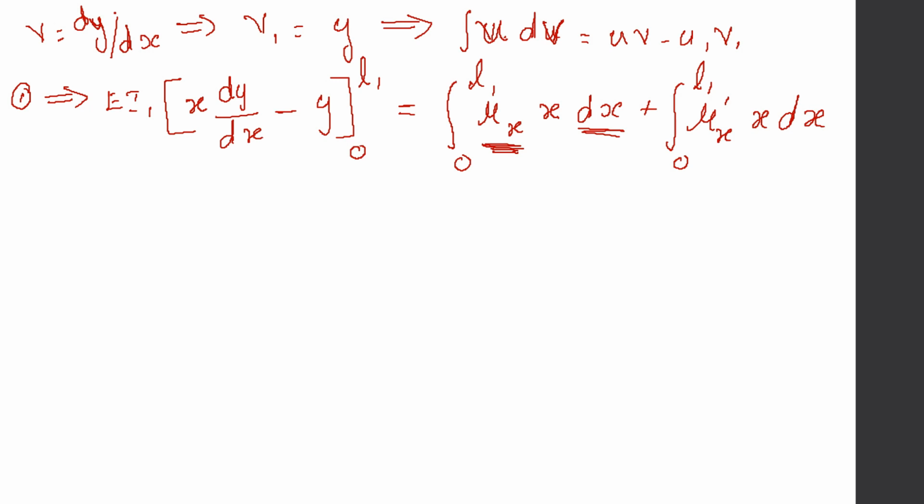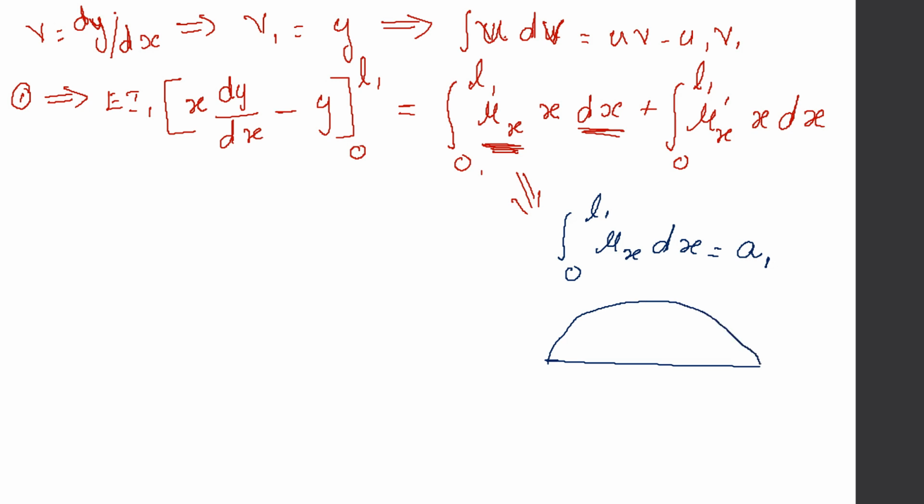So if mu x into dx is the moment due to simple supports, integration of 0 to L1 mu x into dx is equal to A1. See in this diagram, it is the area of this moment diagram. Area of this simple moment diagram is integration of 0 to L1 mu x into dx, because moment into smaller distance represents the diagram. When you integrate, this is the whole area.